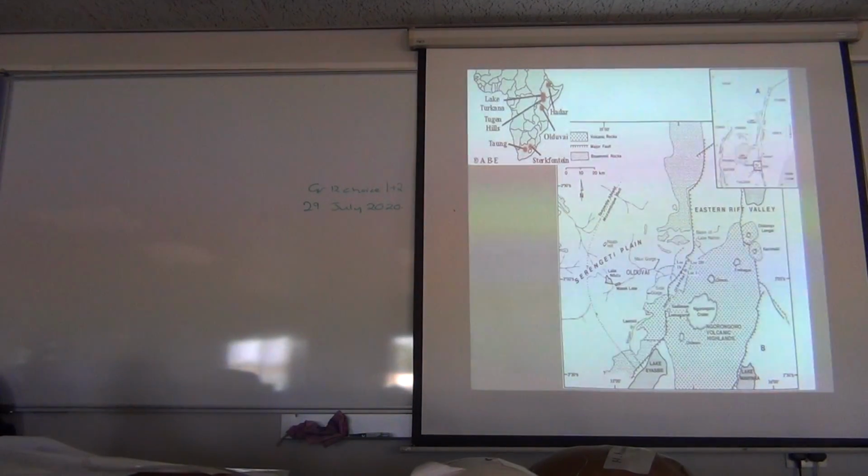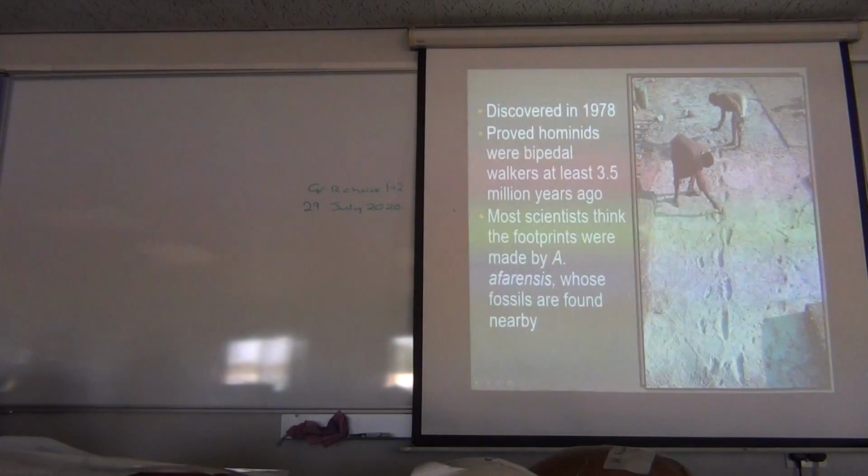Then that's just a bigger map, it shows you very famous fossil finds going down there, and then Sterkfontein in Southern Africa, South Africa. Okay, so this is what the Laetoli footprints look like.